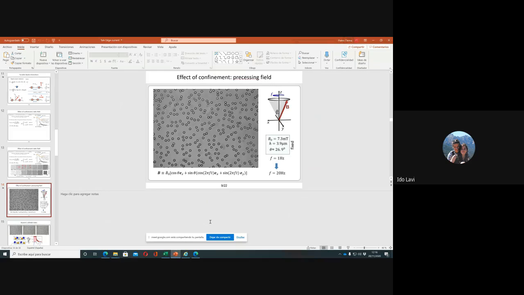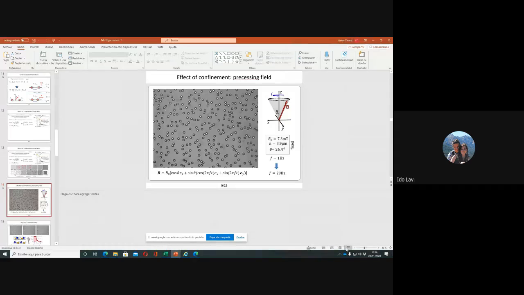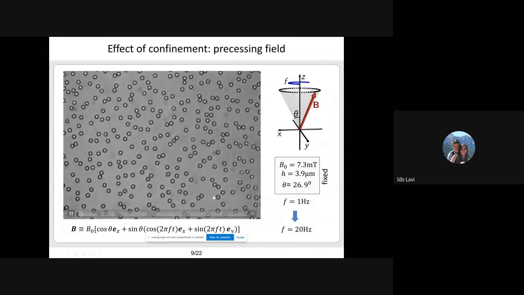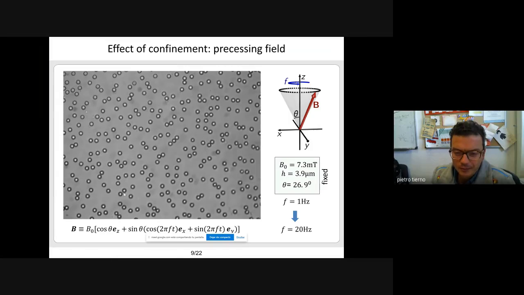So I have a question. Did you also play with the angle or the amplitude of the rotating field, to see if there's a specific angle where you get this behavior? Yeah, later we will map out the phase diagram and so on. That's for sure.